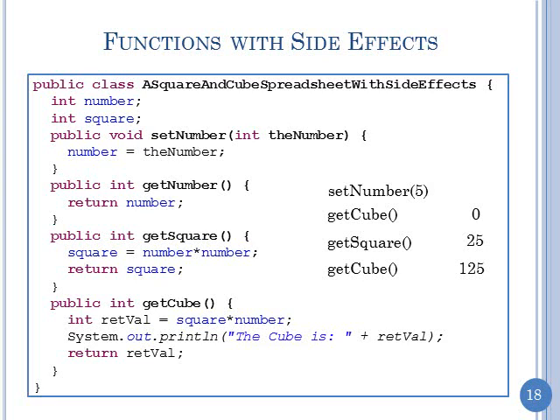Now getCube, is that a function with side effects? No. It prints something. I call it once, I call it 10 times, I get different results. With a pure function, if I call it successively 10 times, the world doesn't even know whether I called it 10 times. Okay? So it's also printing something. That's a side effect. That's a procedure-like thing.